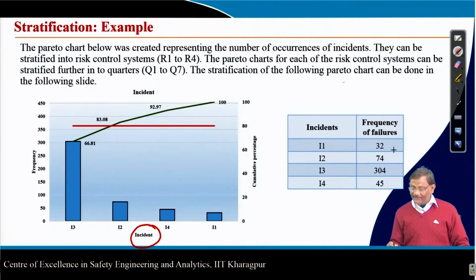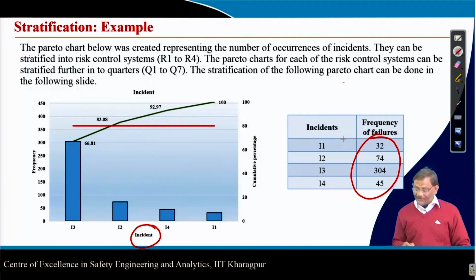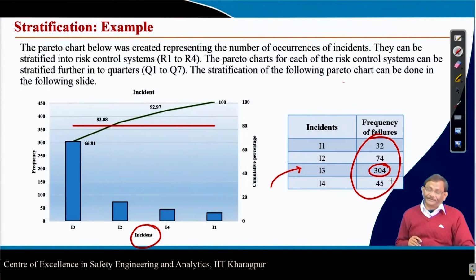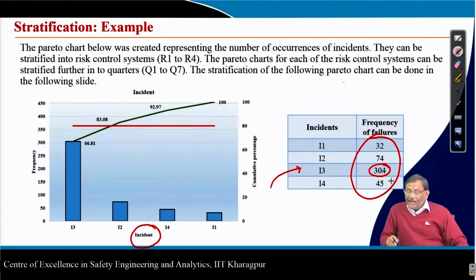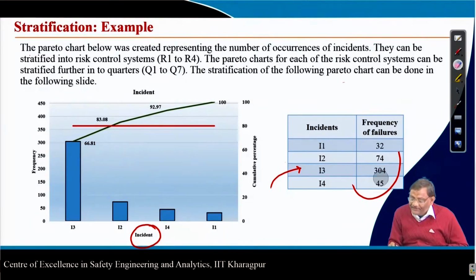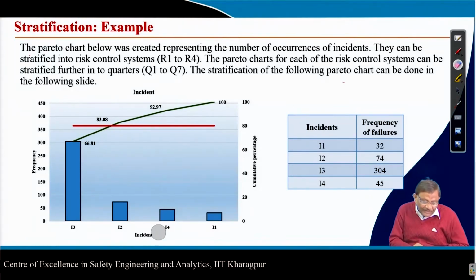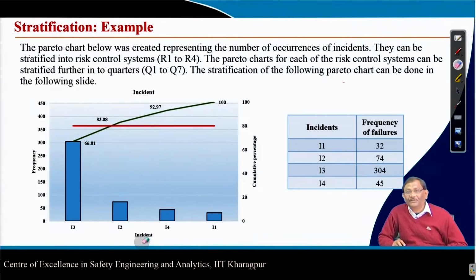For I3 it is this much, and from the incident point of view you understand that I3 is occurring more, and others are comparatively much less. This gives you information about I3 only. It doesn't give you information about anything else.